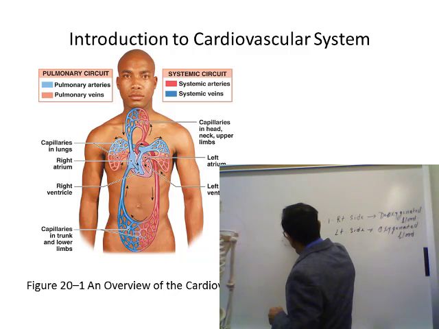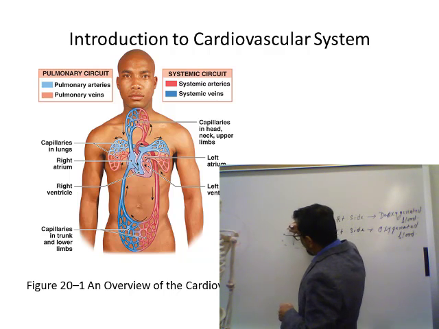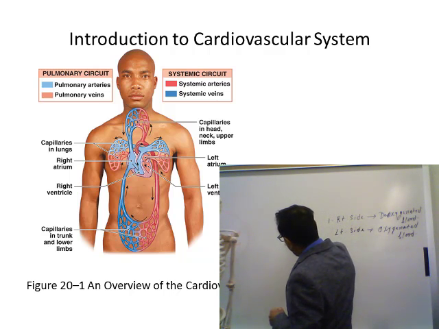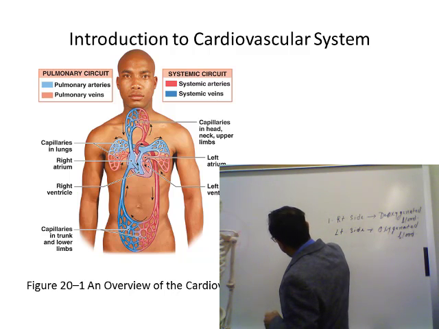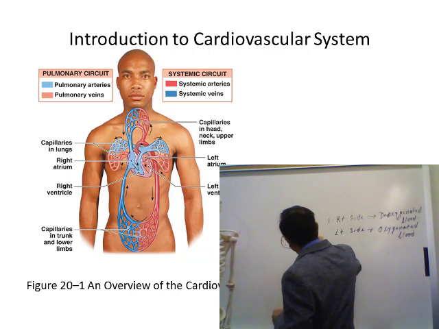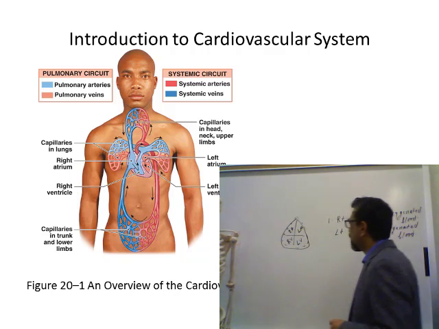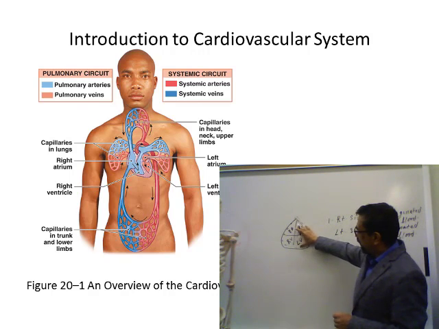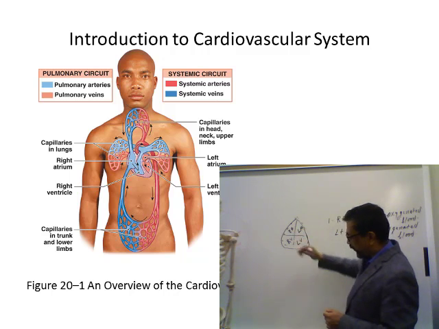You have oxygen rich blood in the left side, and carbon dioxide rich blood in the right side. You can write down O2, CO2. That is one thing you need to remember.